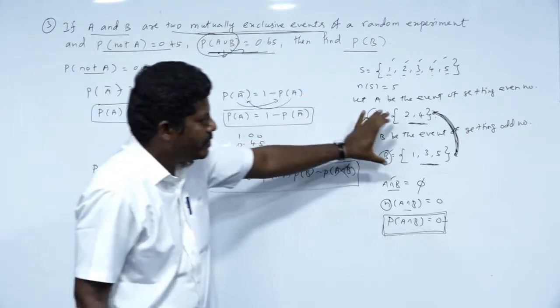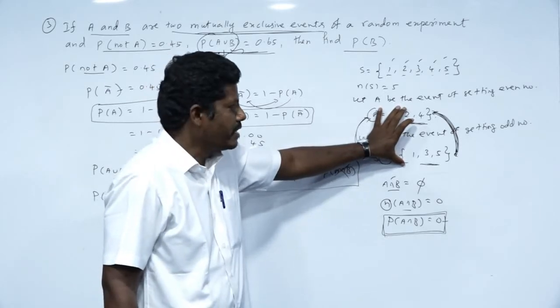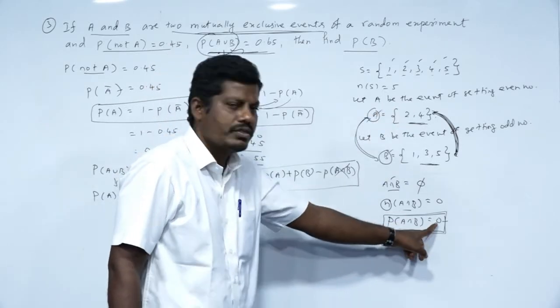Mutually exclusive event means no common. Understand, my dear students? Therefore, probability of A intersection B is 0.